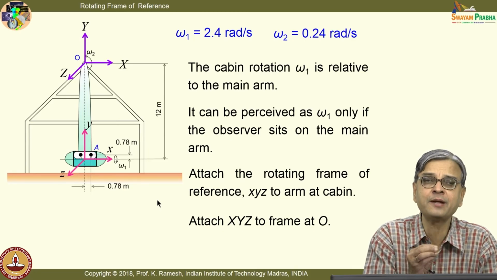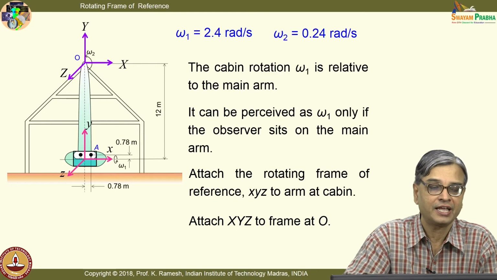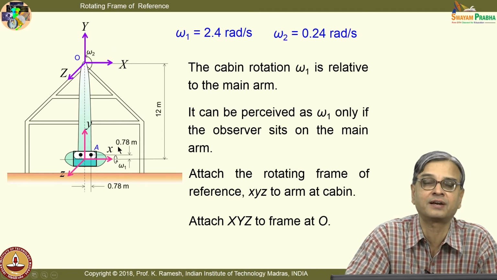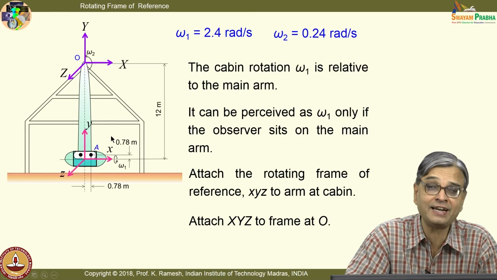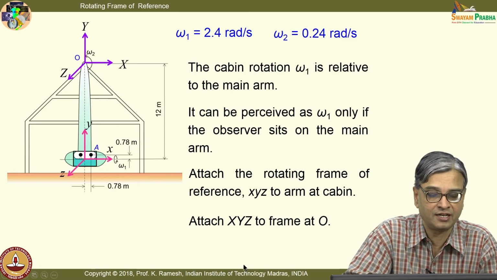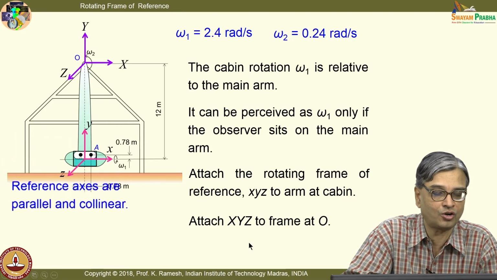The thinking part comes in selecting the fixed coordinate system and rotating coordinate system, where they should be located in the system under consideration. You have to spend time on that, do not rush in that step. Visualize from the given problem what quantities you know, what quantities you do not know.